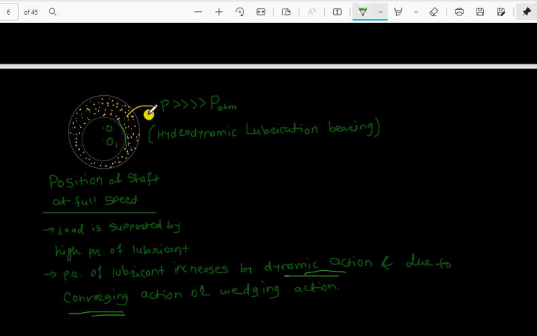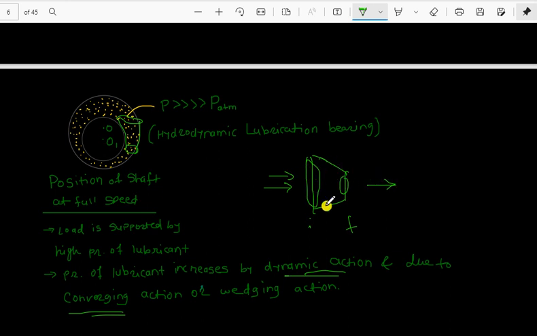Here you can see, isn't it like a throttle shape, like you may have seen in hydraulics. If this area is greater here at the initial point and this is the final point, the fluid is moving from this direction to this direction.